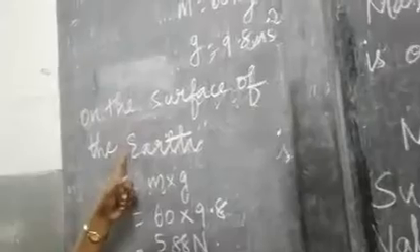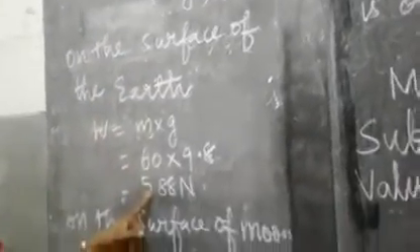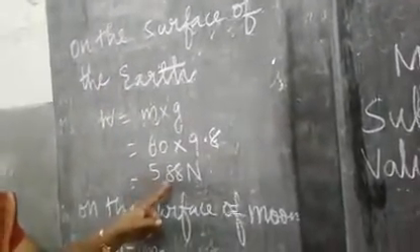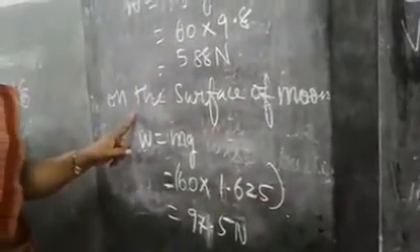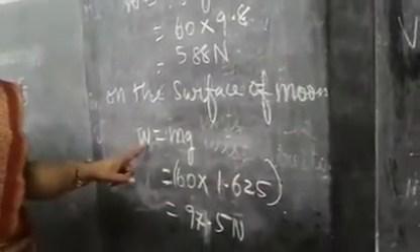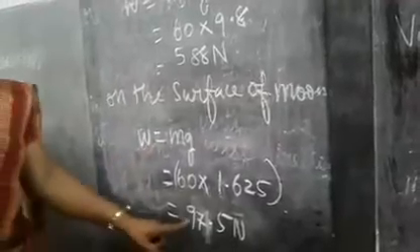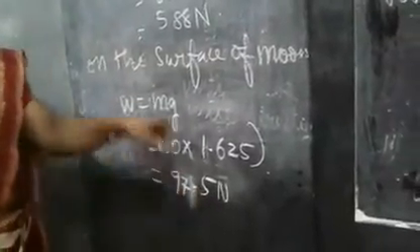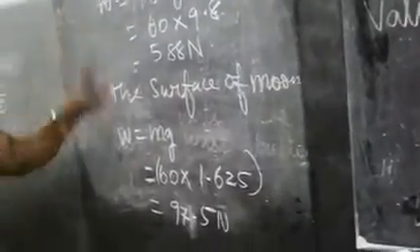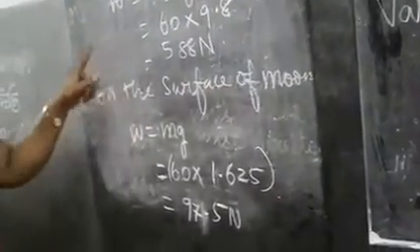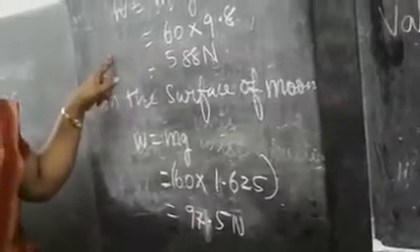So a person standing on the surface of the earth has a weight of 588 Newton, but standing on the surface of the moon the weight changes to 97.5 Newton. This is the difference between a person standing on the earth or on the moon.